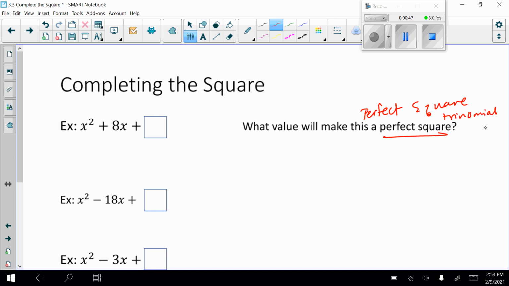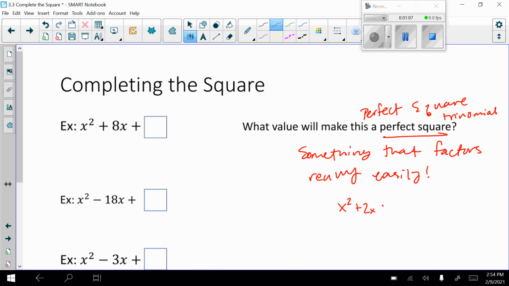All it means when you're talking about a perfect square trinomial is something that factors really easily. An example would be x squared plus 2x plus 1. And when I say it factors really easily, I mean in particular it has repeated factors.